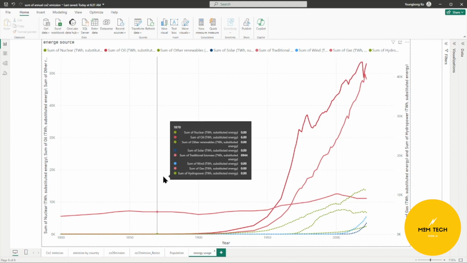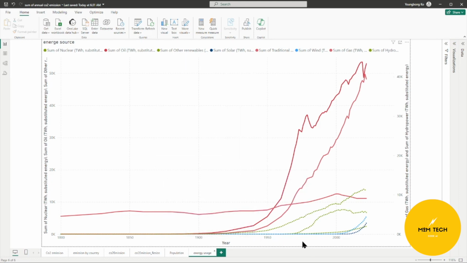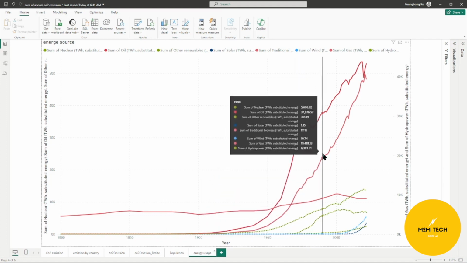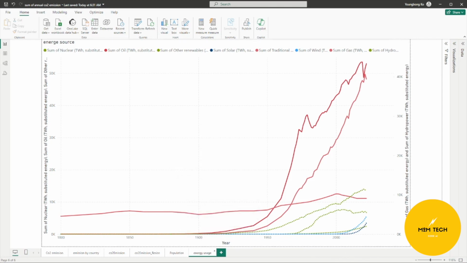the energy sources that we are using through the decades. And as you can see, the red parts, the red solid lines, are the energy resources that can generate carbon dioxide, while the dotted ones are others like renewable energy or solar energy and that sort of thing.